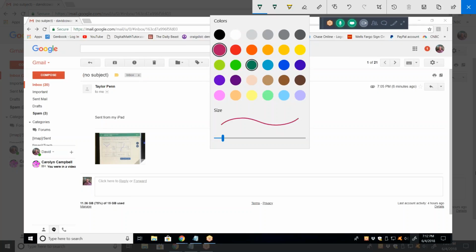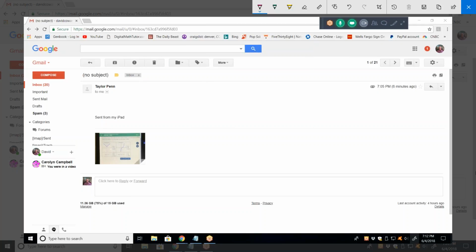I'll pull up the next one. Actually, no, this one I don't need to send to you. This one's fairly easy, so I don't need to even go over it. It's just asking about transforming or translating these functions.